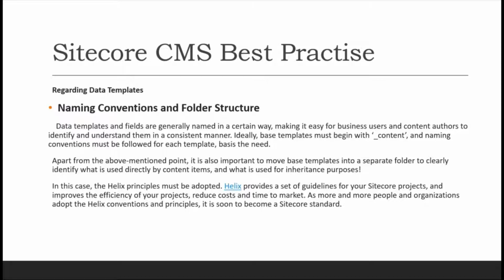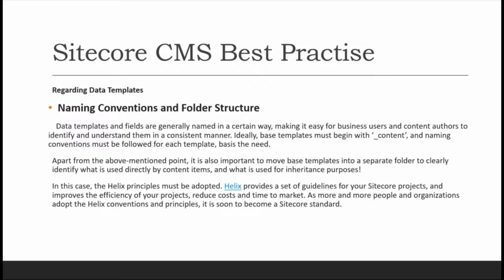For example, if it's a base template, you should begin the name with underscore content. And the folder structure should be a meaningful one. As per Sitecore, follow the Helix principle of organizing the folder structure, which is suggested by Sitecore.